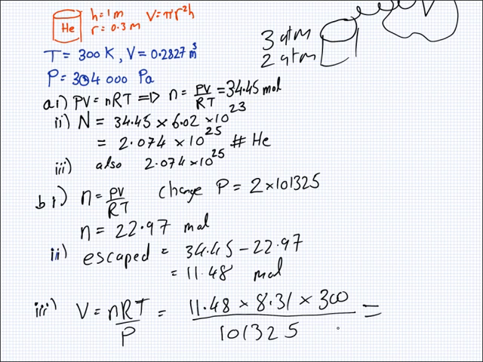How come R is 8.3? Isn't that the gas constant? Isn't it times 10 to the something? No, I don't think so. 0.282. No, don't tell me you've been using the wrong R all this time. No, I haven't been. Okay.